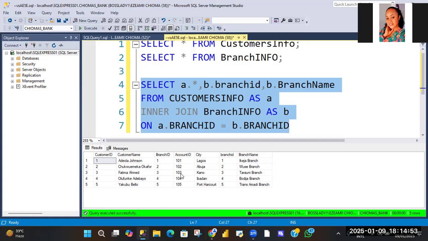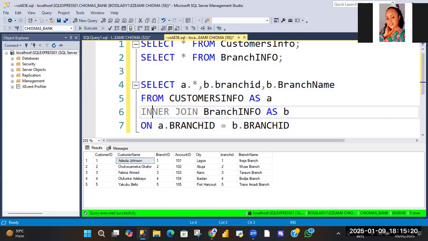But here we use inner join and it returns everything and there's no null because all of this matched, right? So if you look at this, this person opened an account at this branch, this person opened at this branch, this person opened at this branch. So that's how it works. The customers where we don't know where they opened their accounts are not going to appear here because we are using inner join. All right. So that's that for inner join.